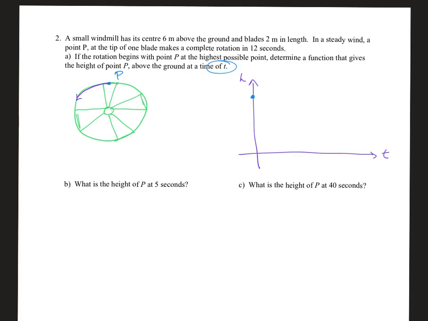So for instance, it takes this long for us to get there, and our point P only dropped a little. We then get to a certain point where our point P drops a lot. In this small little distance, notice point P is going to drop a lot to get down to that new position.